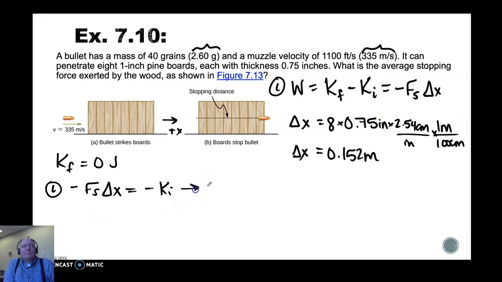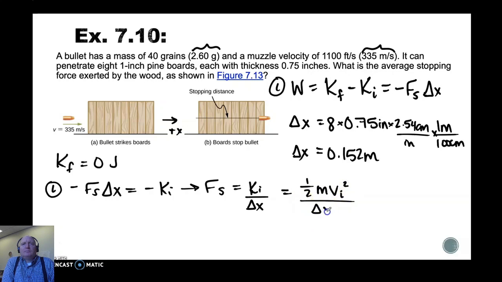And we'll rearrange that to equal the stopping force, since that's what we're looking for. So that'll be equal to k sub i over delta x, or 1/2 m v sub i squared over delta x. Cool. Okay, and then all we have to do is plug everything in.